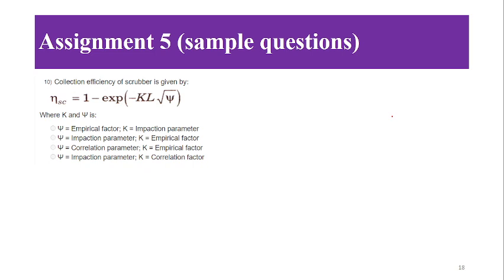So last question, collector efficiency of scrubber is given by, so this is the expression given, and they are asking what are the K and the psi terms here. Can anybody give me the answer for this?